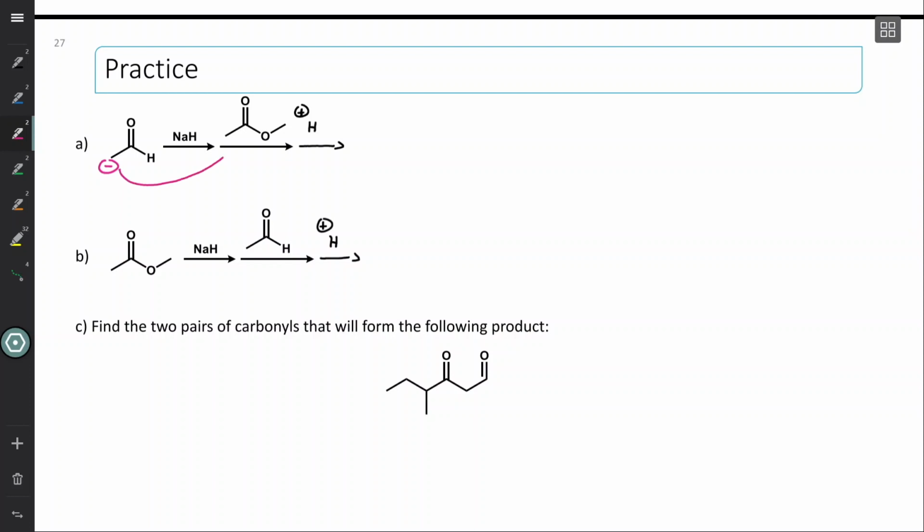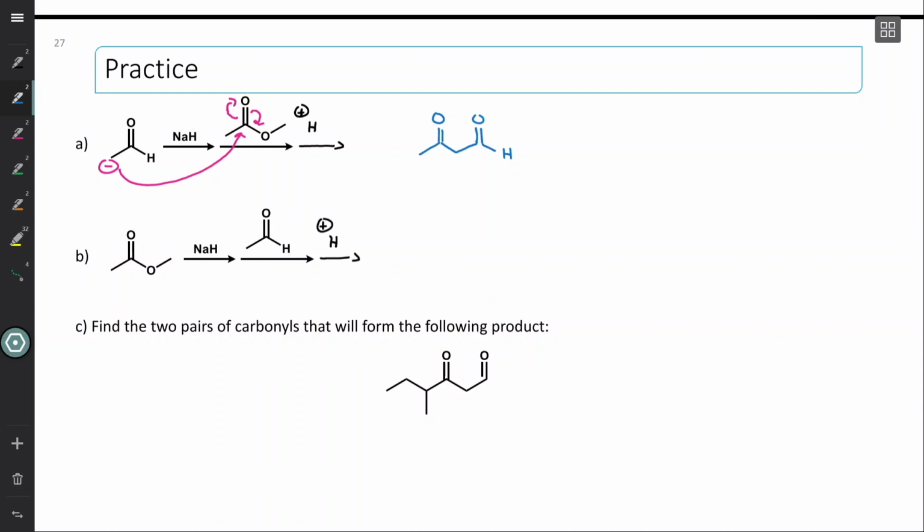It's going to attack the ester, and then the ester is going to bump off the leaving group, and my product is going to be the aldehyde, and the ester is the electrophile.